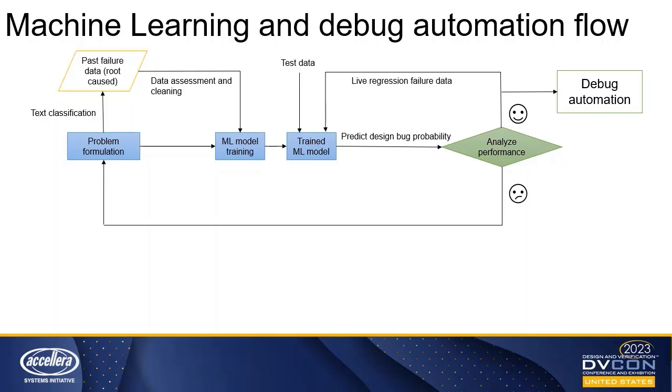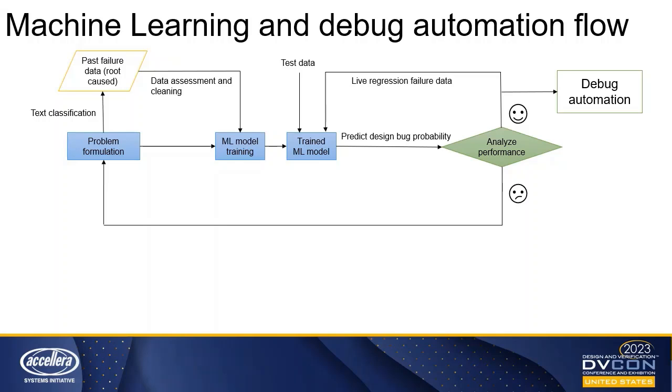The next step of the solution is to collect data which will be used to train the machine learning model. We have a database of past failures which have been debugged and root caused to either a design or a non-design bug. A Python-based SQL API is used to collect data from past failures.